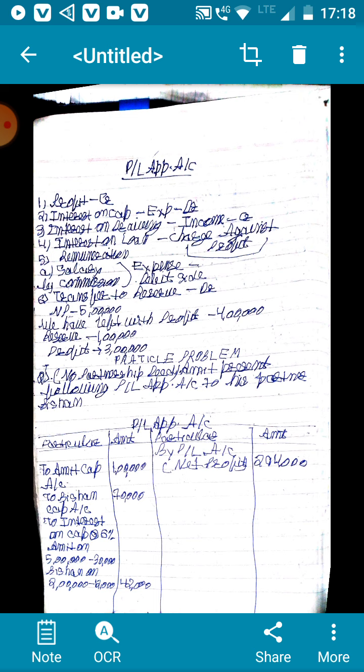From 5 lakh, we deducted 50,000 plus 50,000, that is 1 lakh. 5 lakh minus 1 lakh is equal to 4 lakh.